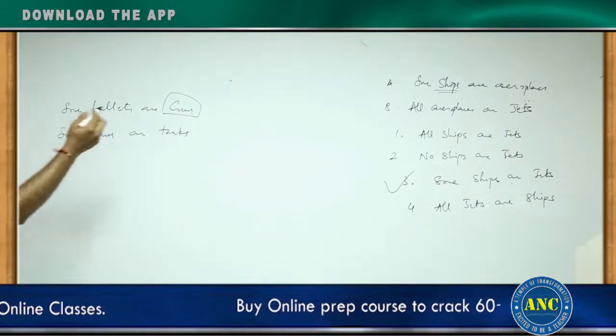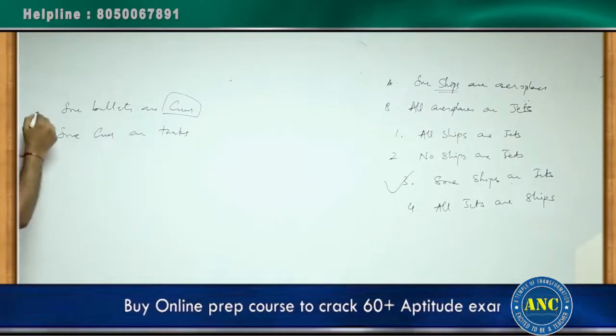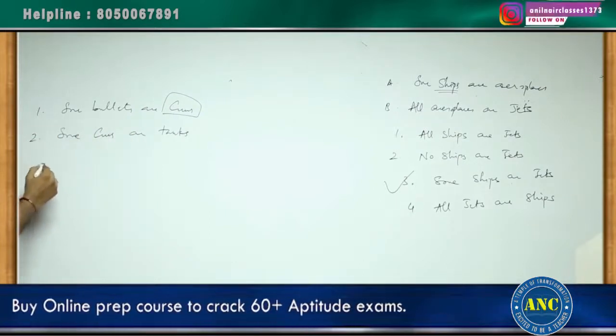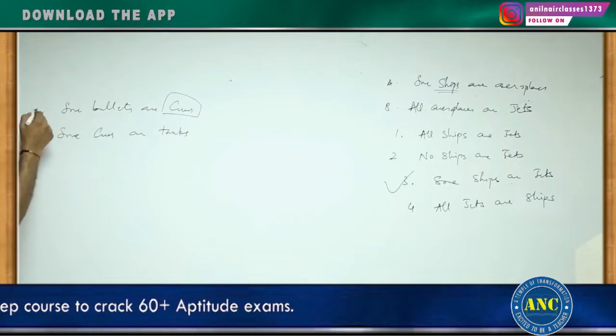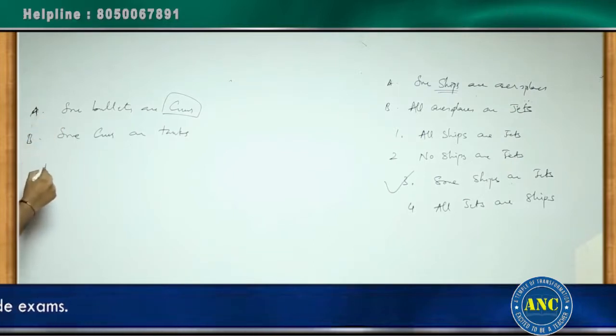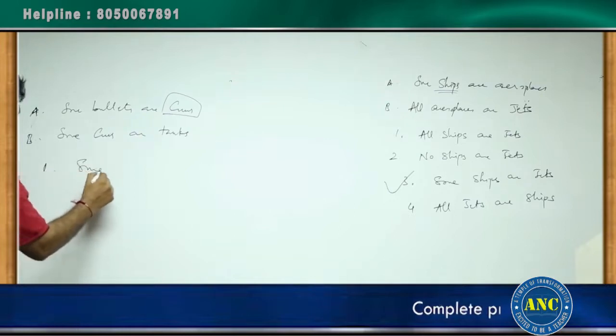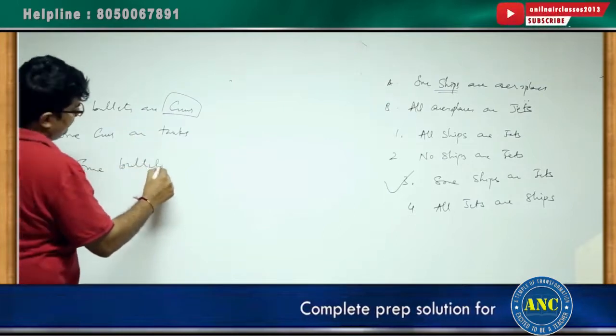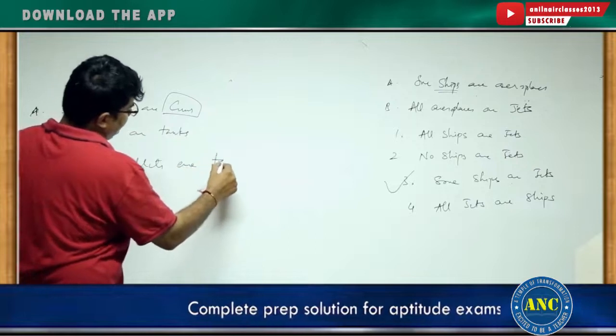Now, some bullets are guns, some guns are tanks. What are the options I gave you? If I take this as A and B, the first one, what was that? Some bullets are tanks.